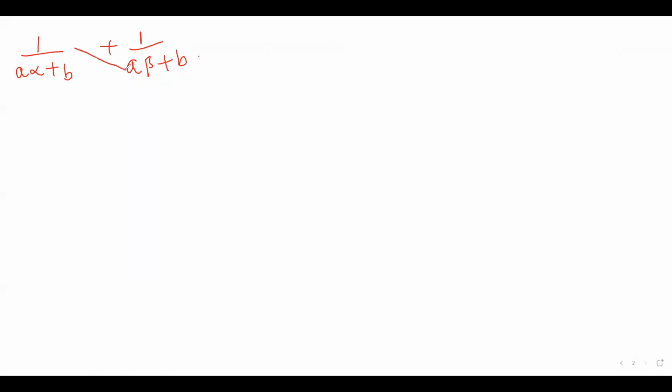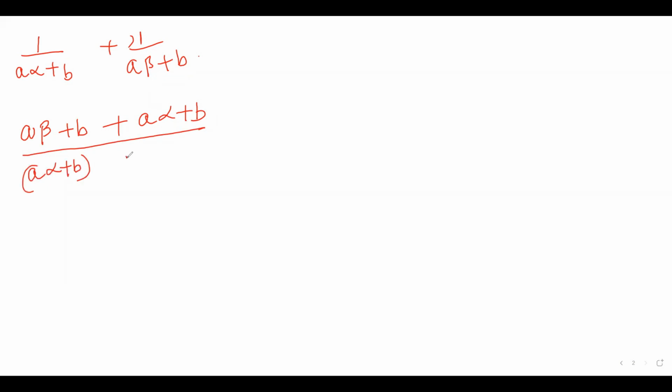This will multiply 1, so you will get a beta plus b. This will multiply 1, so you will get a alpha plus b. Is that okay? And in the denominator, you will be having a alpha plus b into a beta plus b.